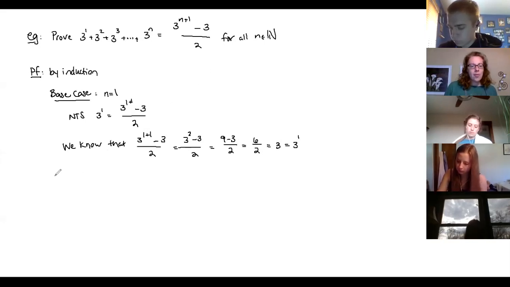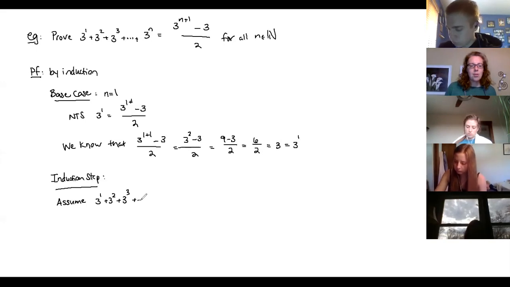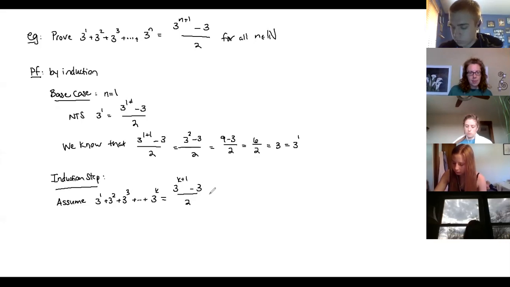We can then go for our induction step. So we've got our induction hypothesis, what we want to assume. We can assume that 3 to the first plus 3 squared plus 3 cubed plus a bunch of dots, plus, remember now we're changing to k, plus 3 to the k is equal to 3 to the k plus 1 over 3 to the k plus 1 minus 3 over 2.